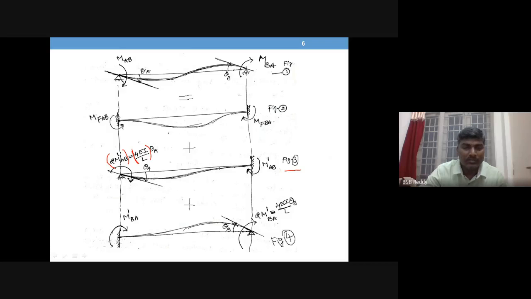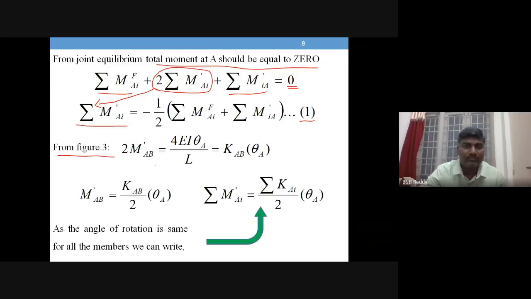So 4EI by L into theta A. Let's substitute that: 2 times M dash AB is equal to 4EI theta A by L. What I am writing here is the stiffness of AB, KAB.